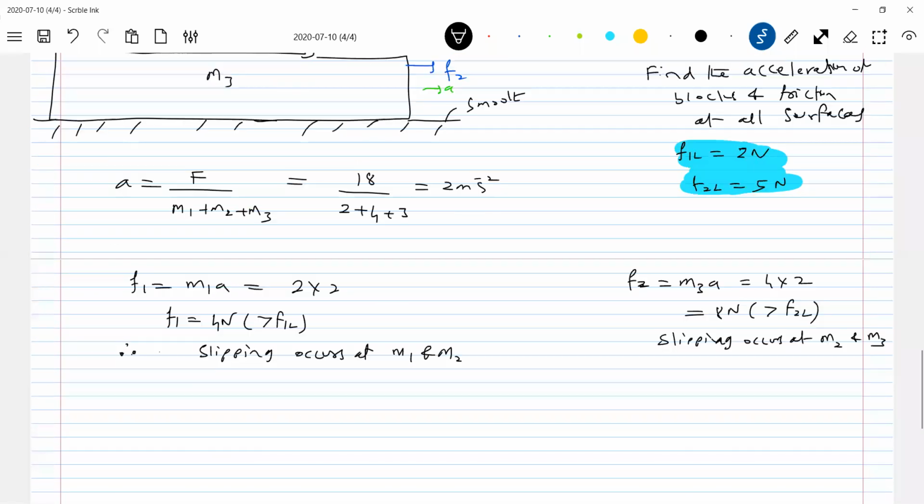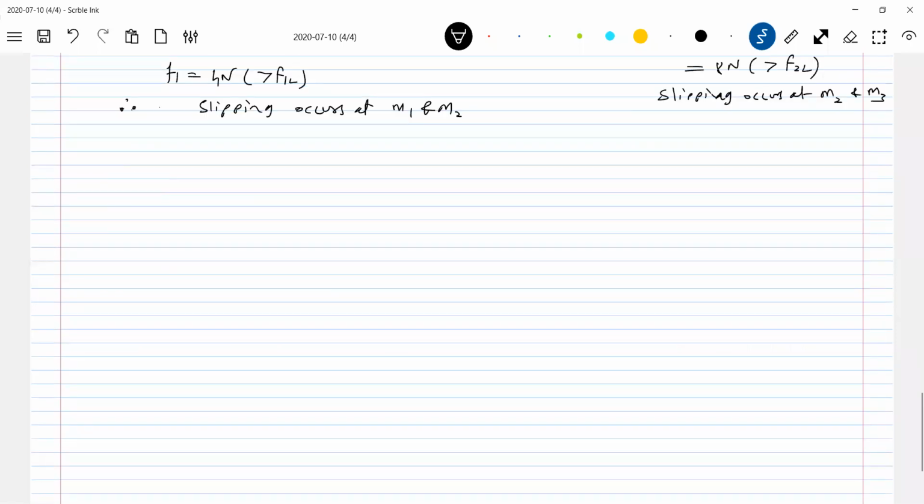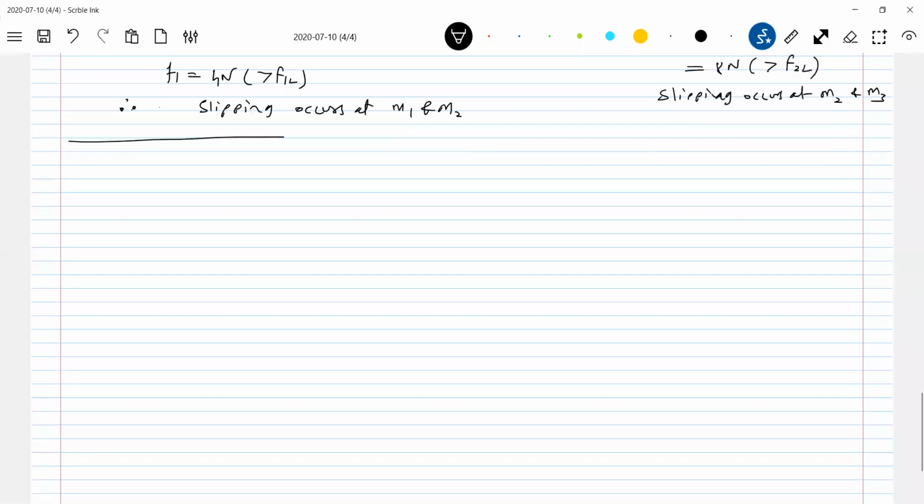So is it possible, one more, just cross check. This is the second assumption. What is the second assumption I'll do? Slipping.